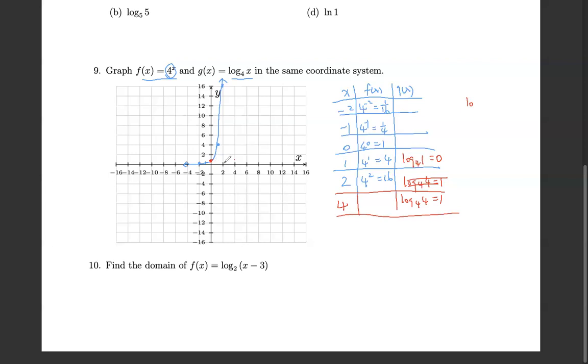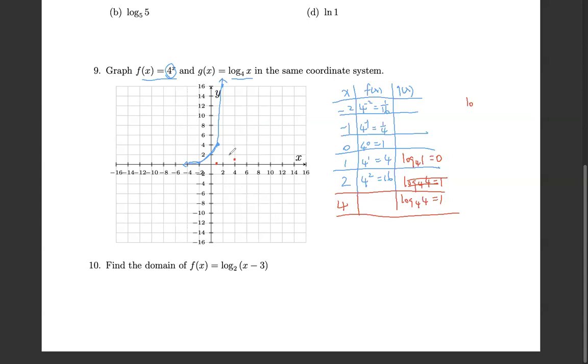Oh, I did it wrong. 1, 0 is here. So I have 1, 0, this point. Then I have 4, 1, this point.